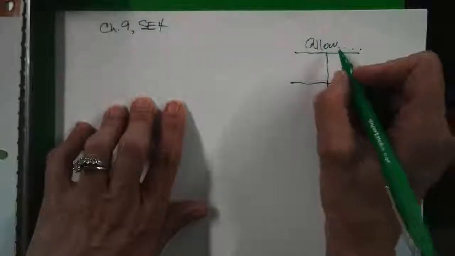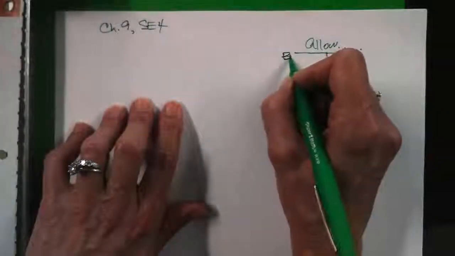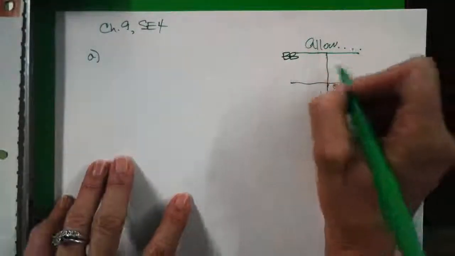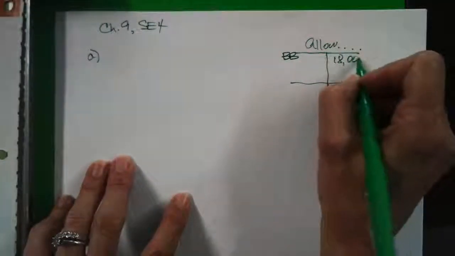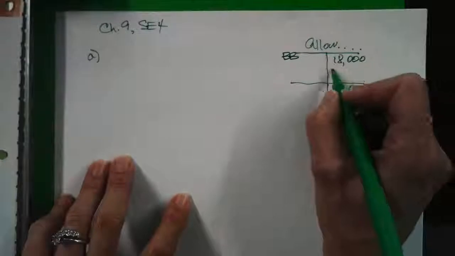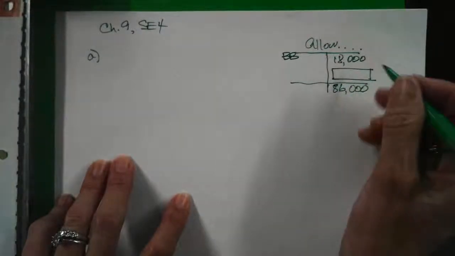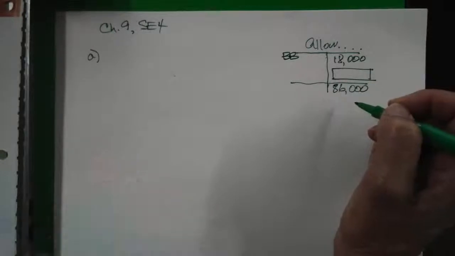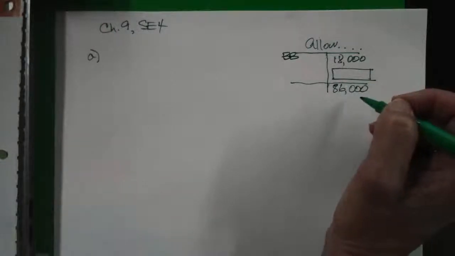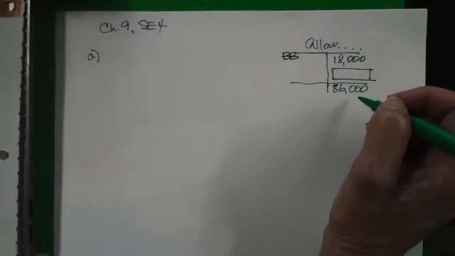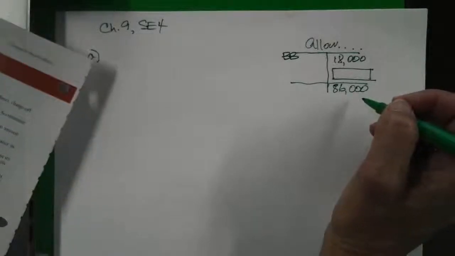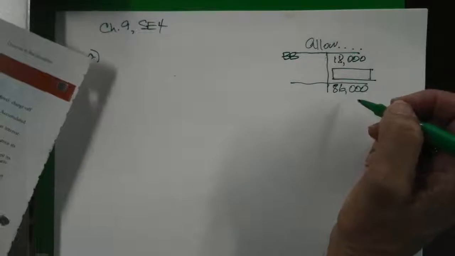So, to know what the journal entry should be under this method, I need to know what the balance is now. Well, it says that the beginning balance for Part A is $18,000 credit. So, I need to make an entry to get it from $18,000 to $86,000. And the difference between $86,000 and $18,000 is $68,000.